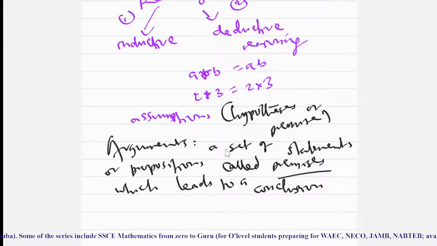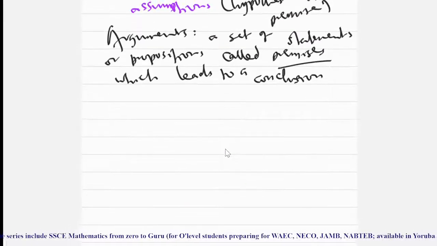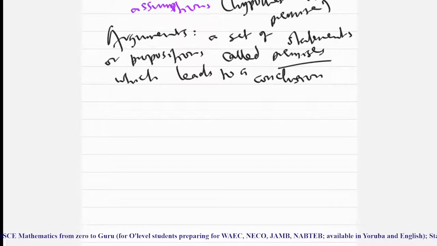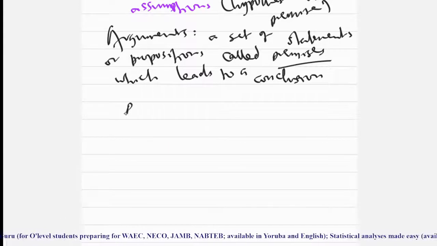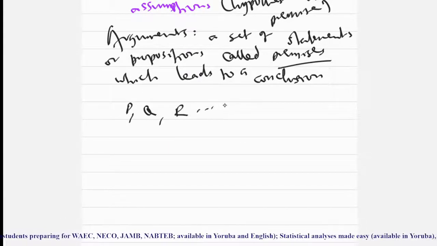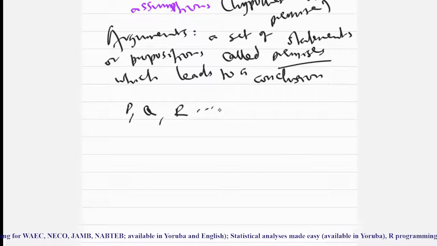So let's say, for example, I want to link it together now. Please get it clearly because this used to confuse many students. Let's say I have P, Q, R up to maybe X or Z now.